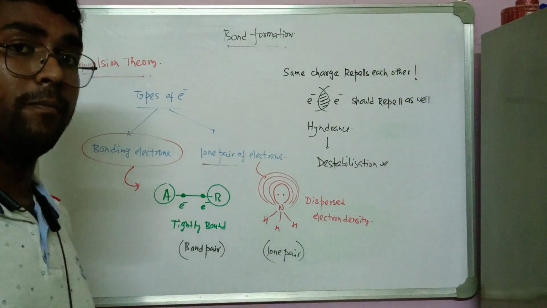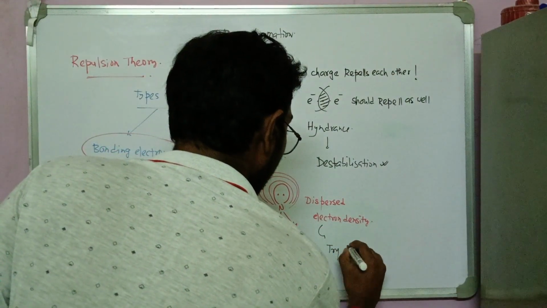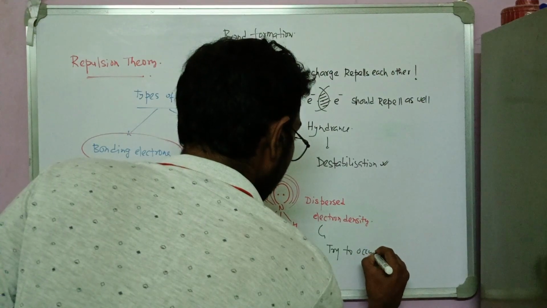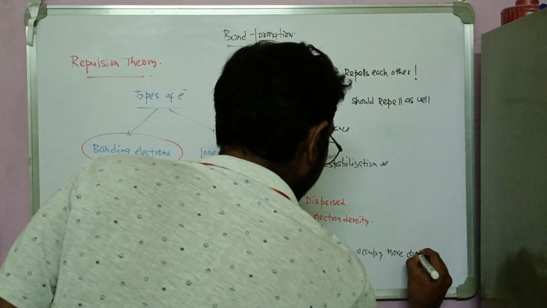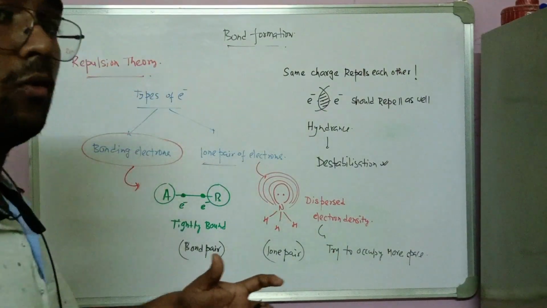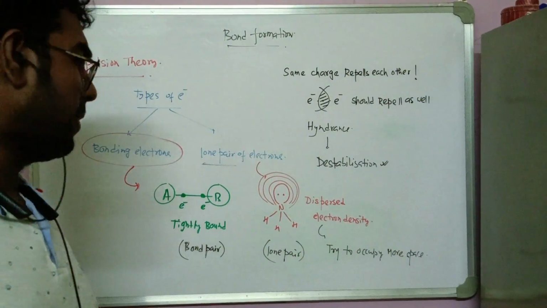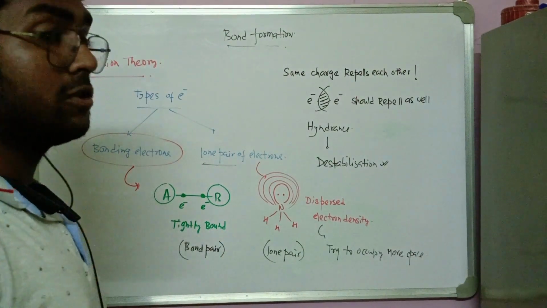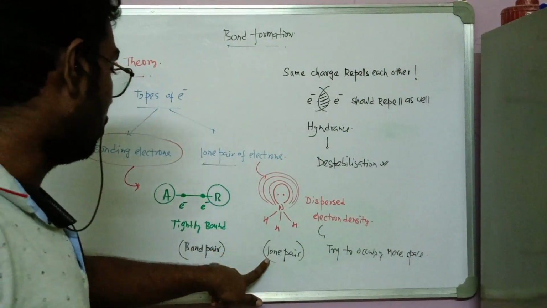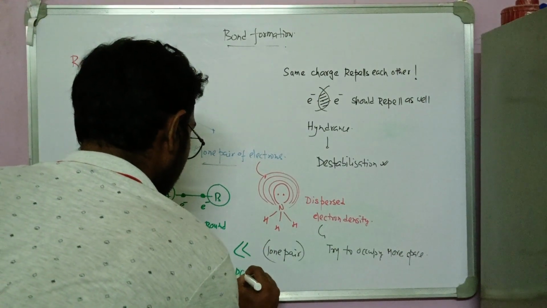In case of lone pairs, they will try to occupy more space because they don't have any influence. Whereas the bond pair will not get that amount of space. So the lone pair is more spacious.